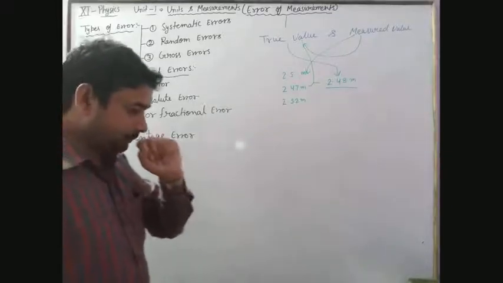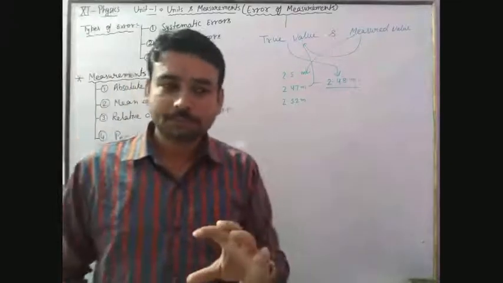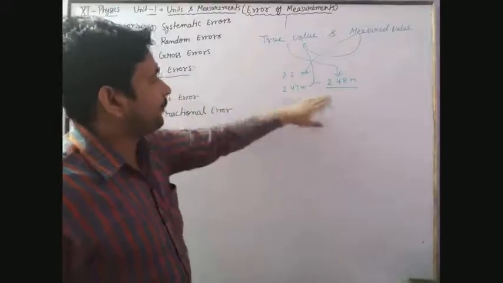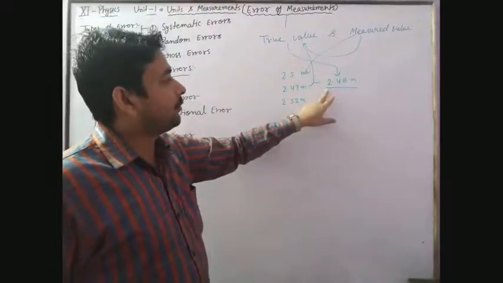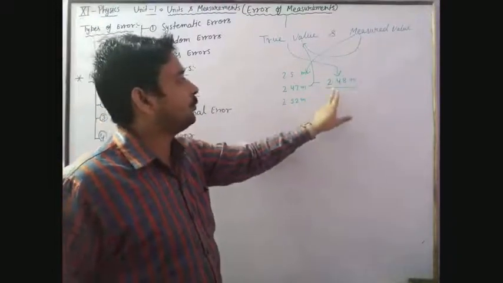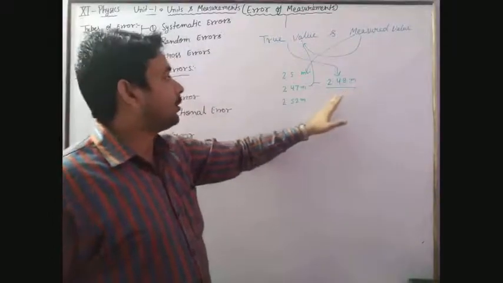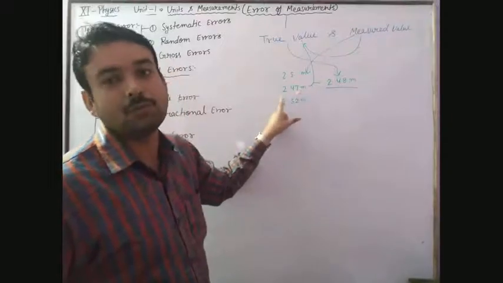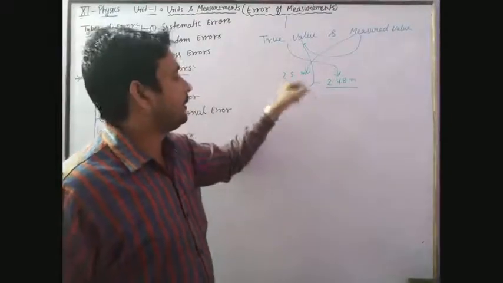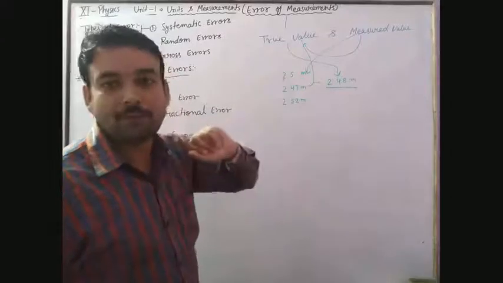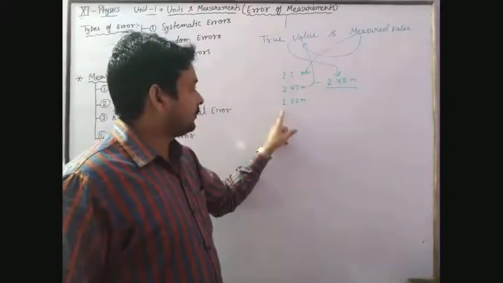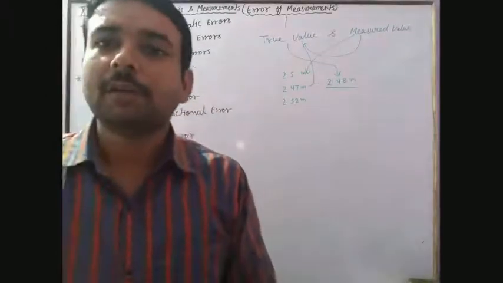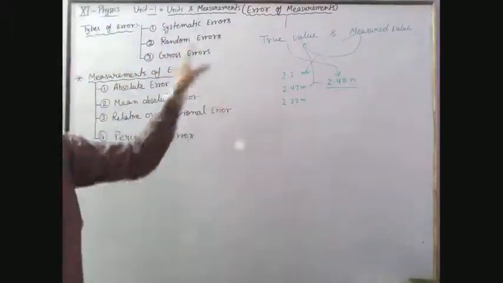Many times, for example, the actual length of the thread is 2.48 meter, but the observer assumes it is not 8, it is 7, which means 2.7. Another observer reads it as 2.5. Another observes 2.52. So these are actually the gross errors in the measurement.